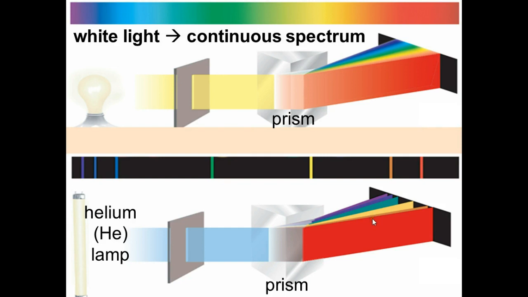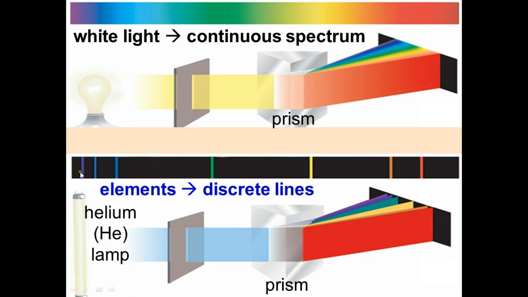The same thing can happen with elements when we put electricity through them. But when you do it with elements, only specific colors will be shown, so only parts of the continuous spectrum will be shown.